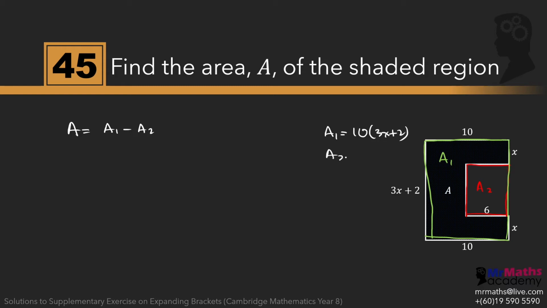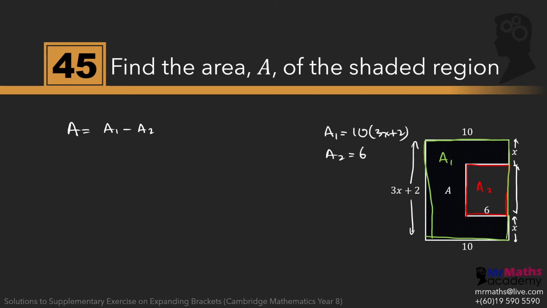And A2 is, well, okay, we have the width, which is 6, but what is the length? What is the length of this? What we know is that the length of the rectangle here is 3x plus 2, but we are going to take away this x here, and then another x there.